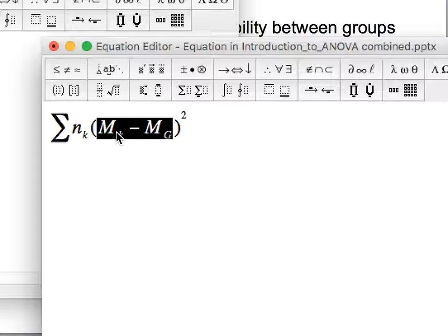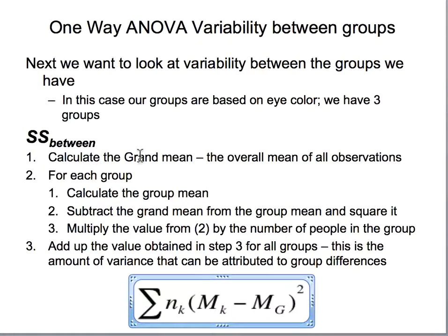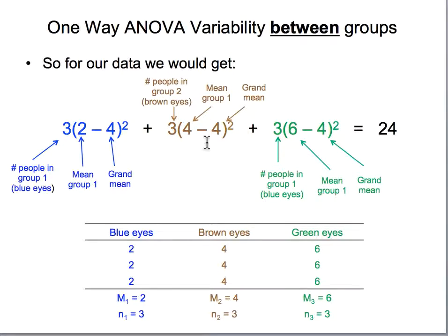However, each one of my groups also has its own mean. So I'm comparing those two things. However, I want to square that difference to get rid of that whole negative problem, and I also want to multiply it by how many people are in each group. And so when we do all this, we come up with something that looks like this.